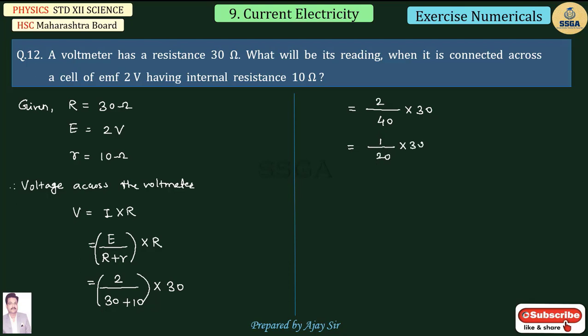So 30 divided by 20, 10 cancels, this is 3 by 2, which means 1.5 volt. So this is the voltage across the voltmeter. This is the answer, students. The reading of the voltmeter will be 1.5 volt. Let us solve the next question, question number 13.